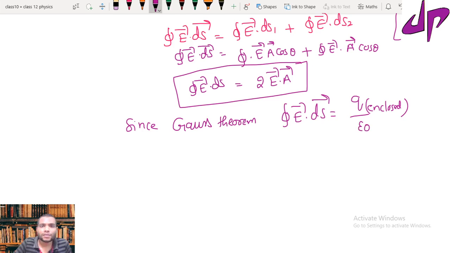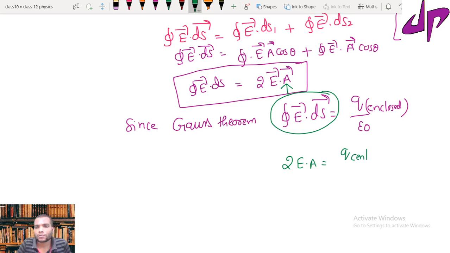So in place of E bar dot dS, I can substitute the value I just calculated for the total. Here it gives me 2 times E A, which equals charge enclosed by epsilon naught.